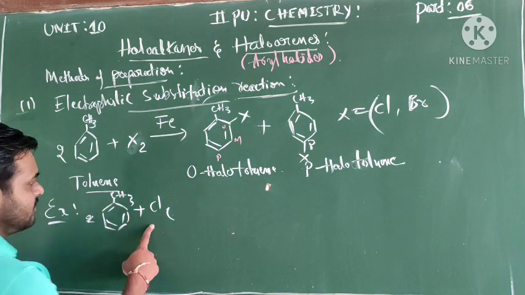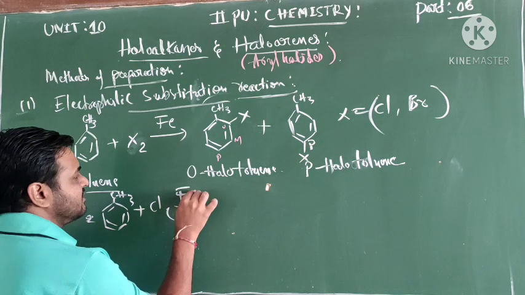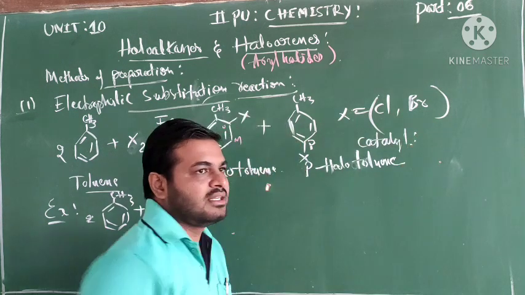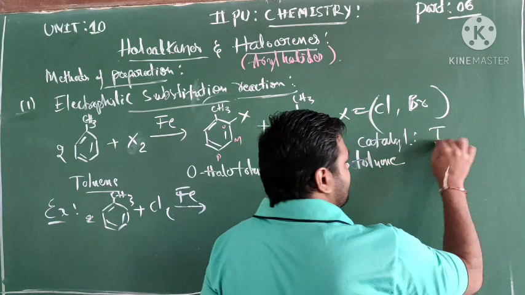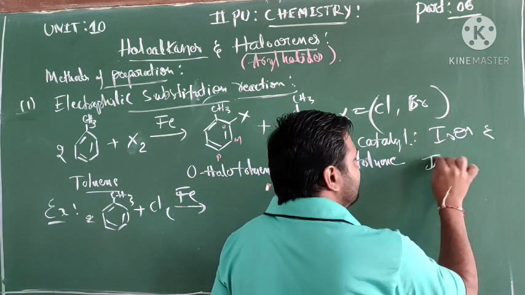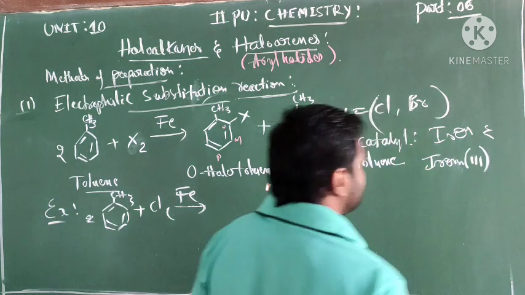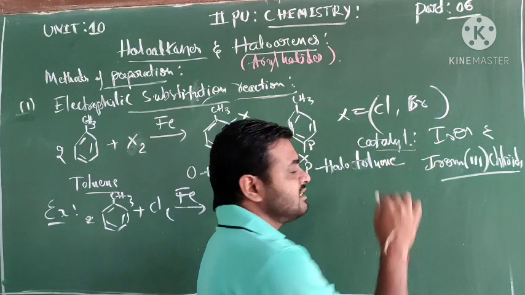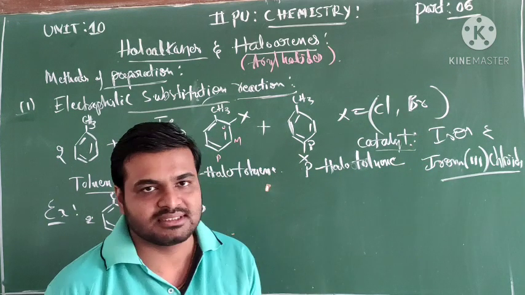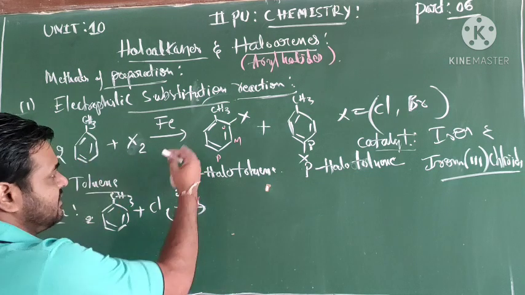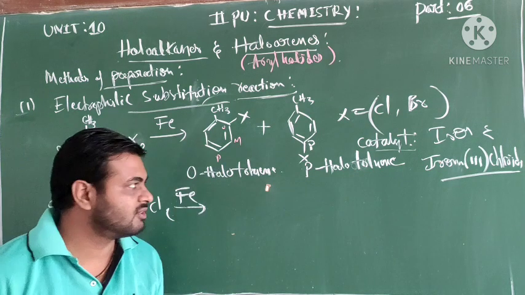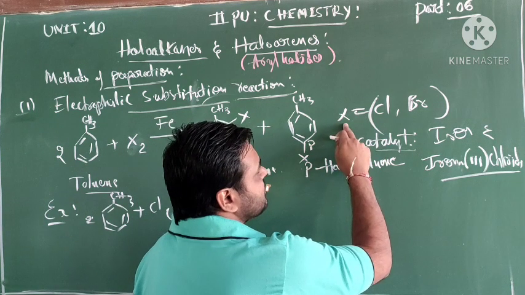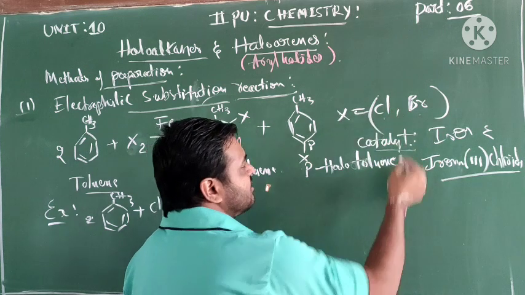Here the chlorine molecule reacts in the presence of a catalyst, iron or iron(III) chloride. A catalyst is a substance used to increase the rate of the reaction. That's why we use a catalyst.